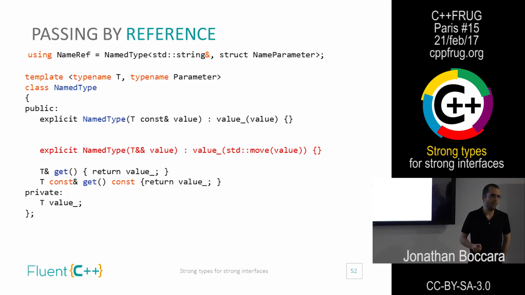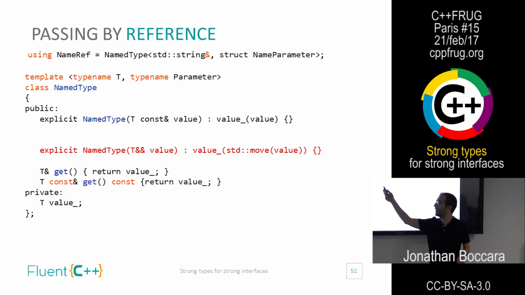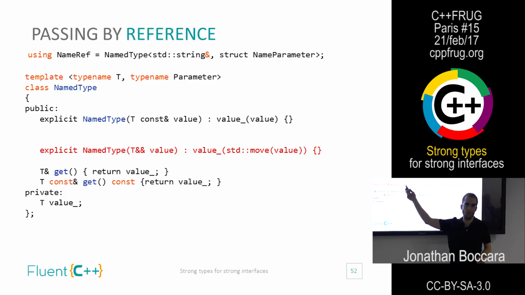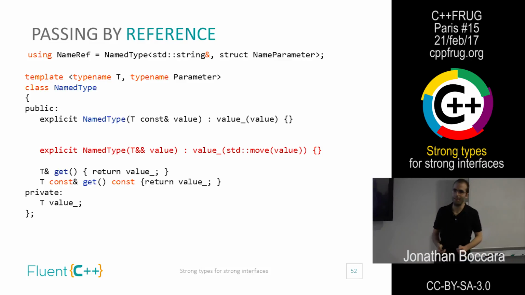Because if you replace T in our name type by something that's a reference, so let's call it tref, then this constructor will be a tref ref. And if you've seen Scott Meyers talking about that, then you probably know that that collapses to a tref, right?